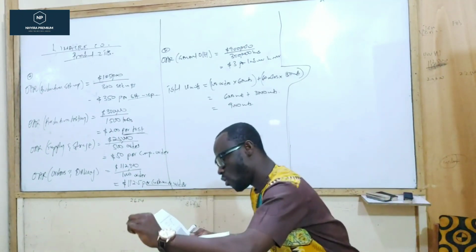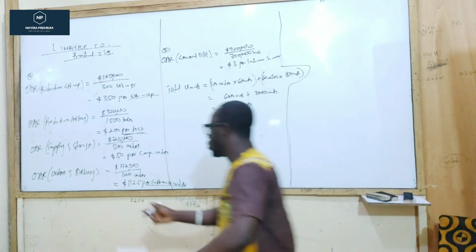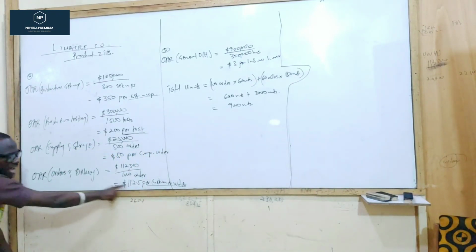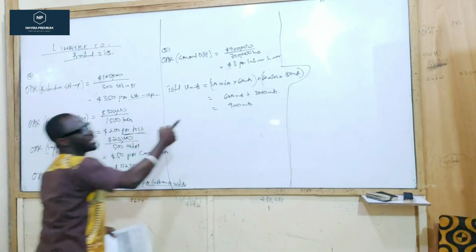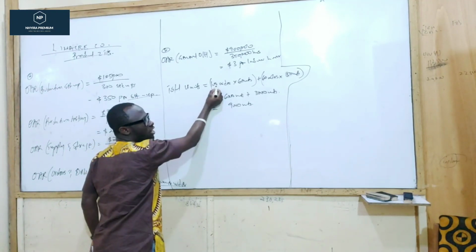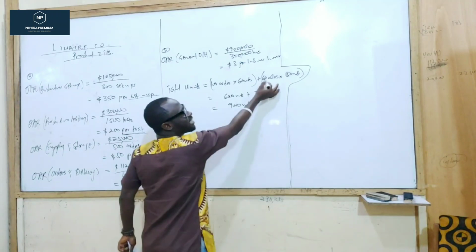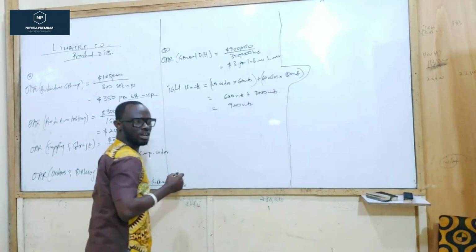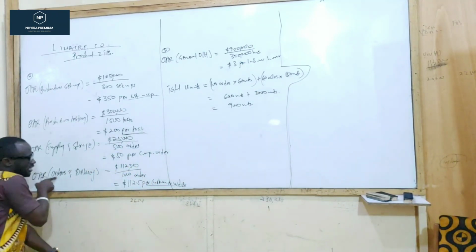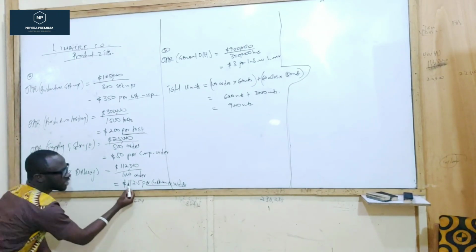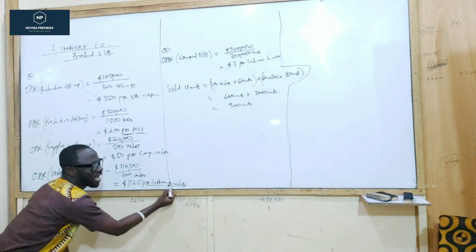Linac Co. expects orders, so orders and delivery. They expect to have 100 orders of 60 units per order, and 60 orders at 50 units per order. So look at this overhead absorption rate here. It is 1125 per customer order.